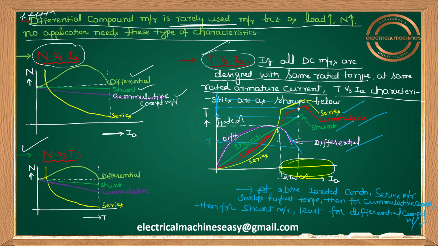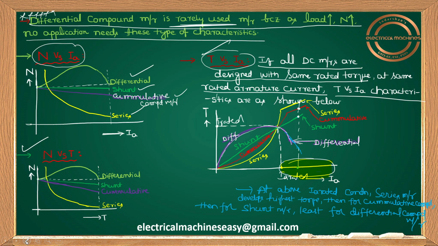Suppose they ask a question like this, let us see. If they ask a question at below rated armature current, be very careful, because this question was asked in one PSU exam, and so many people did it wrong here.